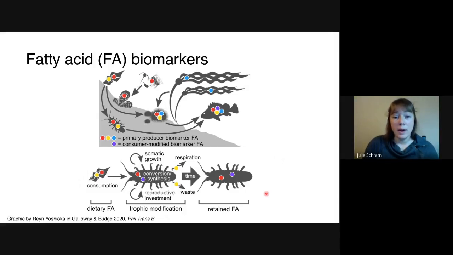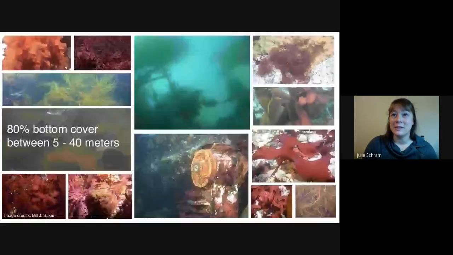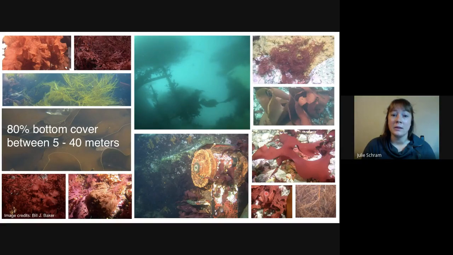The area I am interested in is along the western Antarctic Peninsula, the same region that Sabrina was just discussing, where between 5 and 40 meters along the nearshore benthos, the bottom is covered by large stands of macroalgae, including big canopy-forming brown macroalgae.